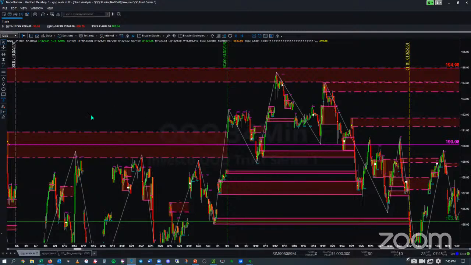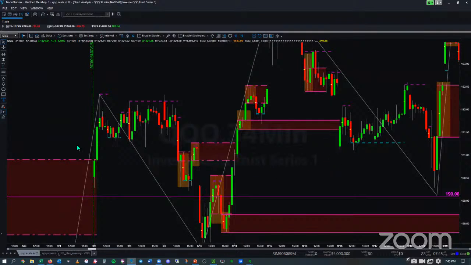So let's look at the red candle. So here's your first red candle printed. You would get in at this candle, and with your stop above here, you would pretty quickly get stopped out.